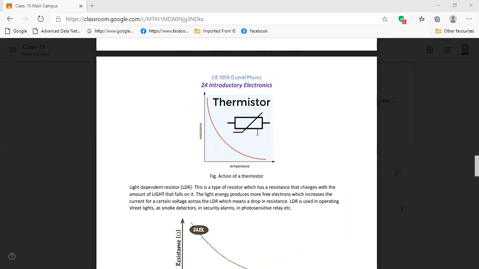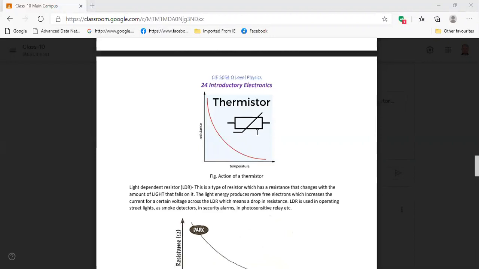The current will increase. Why? Because when temperature drops in a thermistor, the resistance increases. You already said temperature drops. Yes, sir. If temperature drops, then resistance decreases, right? Resistance increases. Oh, I always get confused.